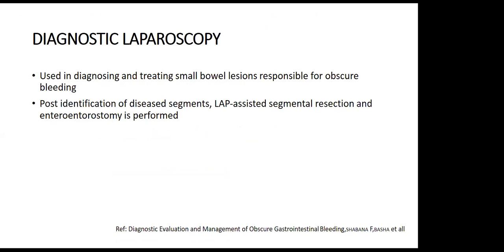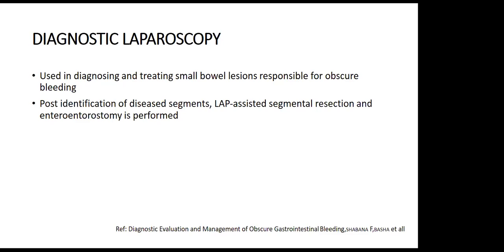Diagnostic laparoscopy is used to diagnose and treat the underlying cause of small bowel disease causing obscure GI bleeding. After diagnostic laparoscopy, the diseased segment can be managed by laparoscopic assisted resection, segmental resection, or enterostomy.